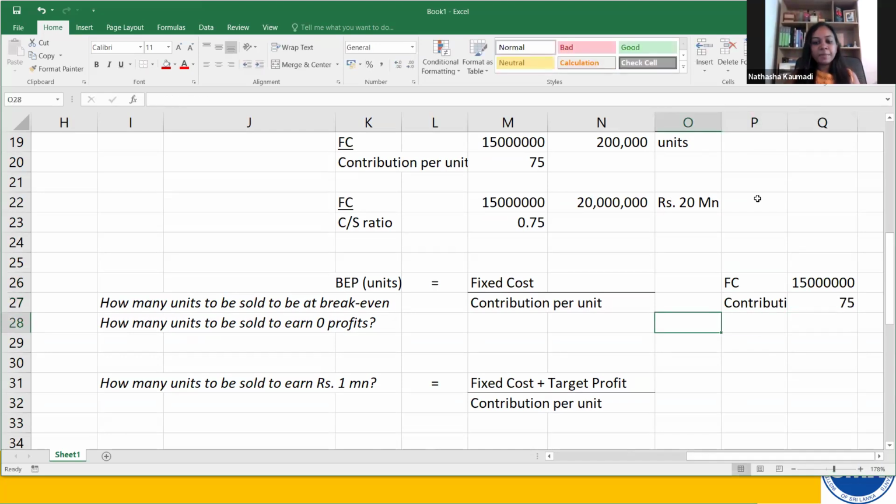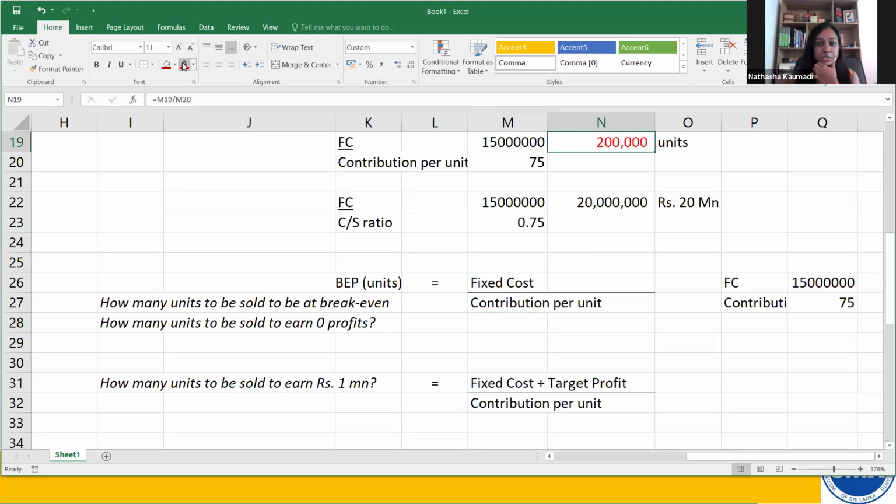Now, what was the break-even point of that same example? 200,000 units. You need to sell 200,000 units to be at the break-even. Now, give me the answer. If we want to make 1 million profits, how many units do we need to sell? Previously, to be at the break-even point, we had to sell 200,000 units.